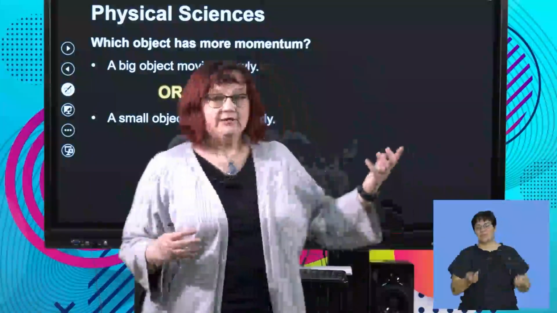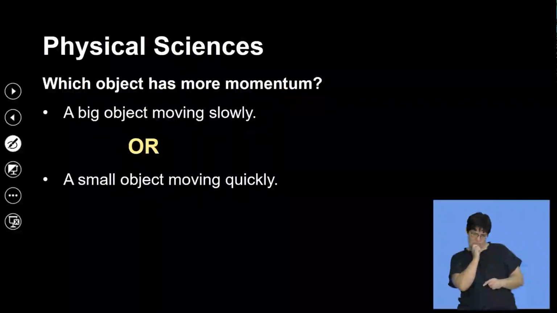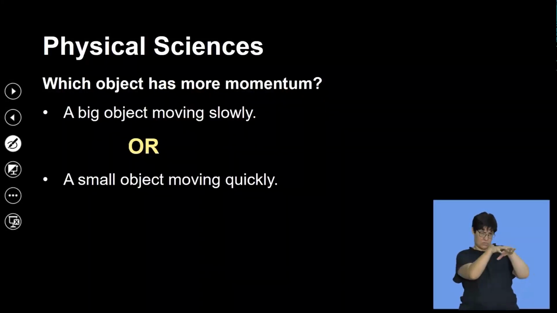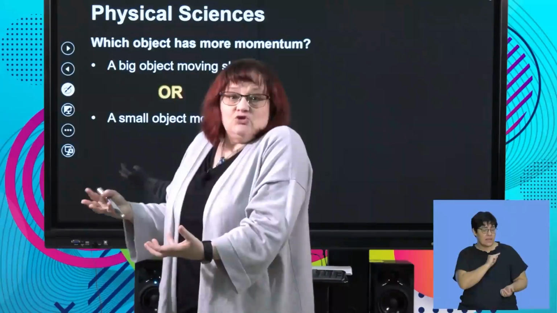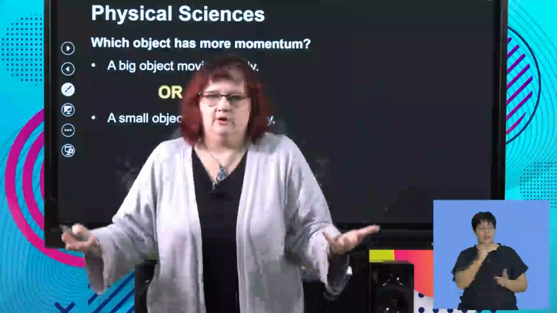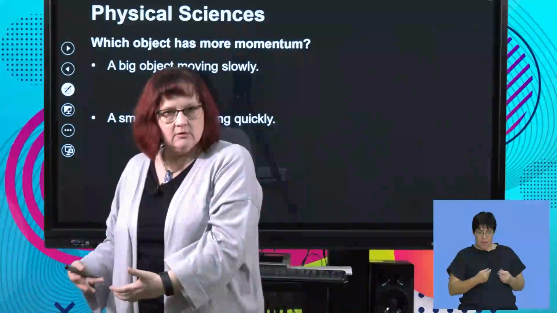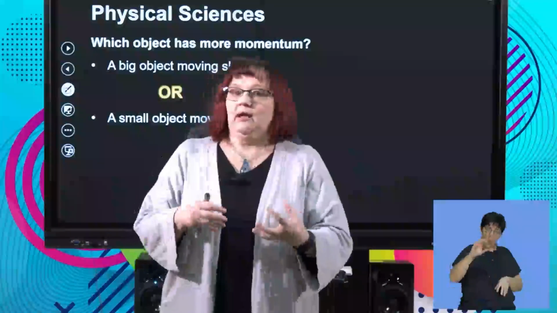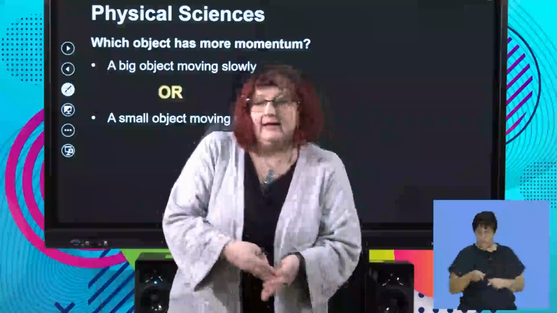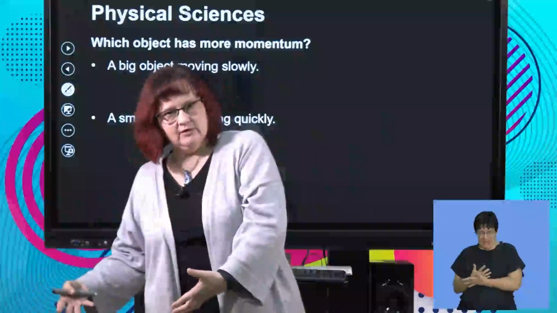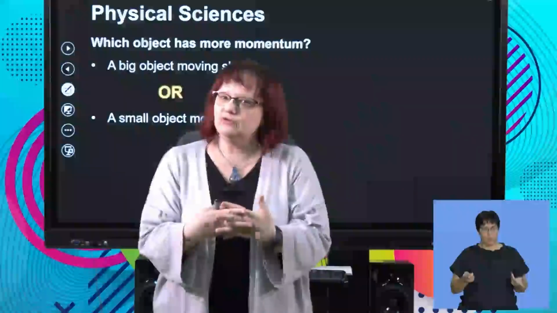So when I look at this question, the big object moving slowly or the small object moving quickly, I don't have enough information, because I need to know how big the object is and how slowly it's moving, and how small the other object is and how fast it's moving, because the two work together.